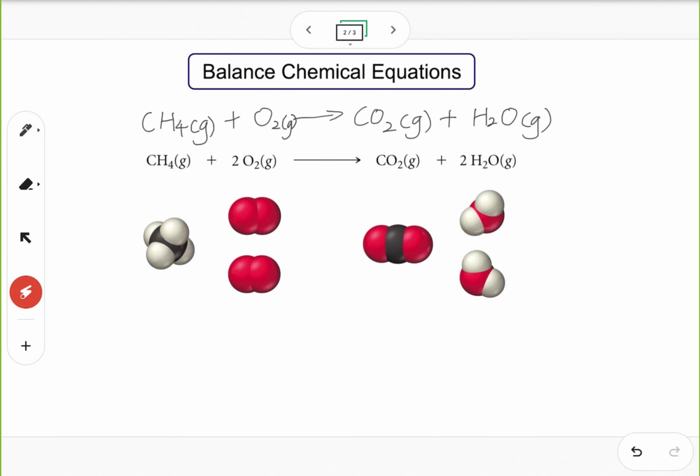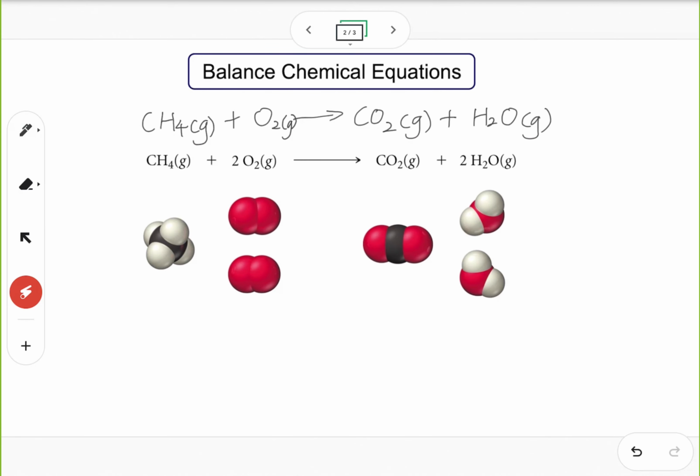Again, this is against the conservation of mass. This is a basic law in the physical world we are living in. So it looks like we should make sure that the atoms on the 2 sides are equal to each other. In other words, we need to make sure this equation is balanced.